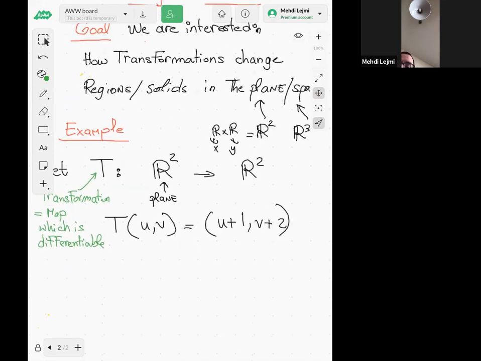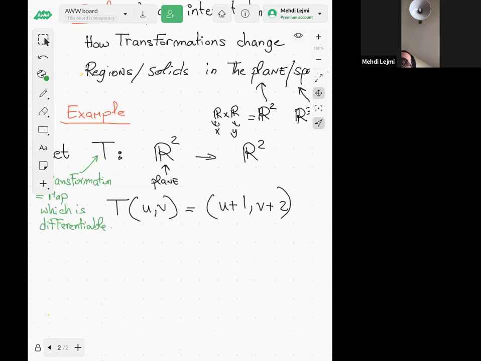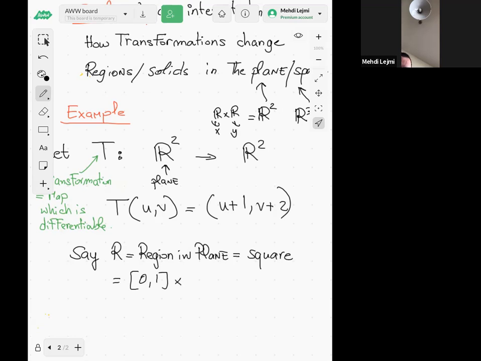For example, let's say my region R in the plane is a square. It's just 0, 1 cross 0, 1.